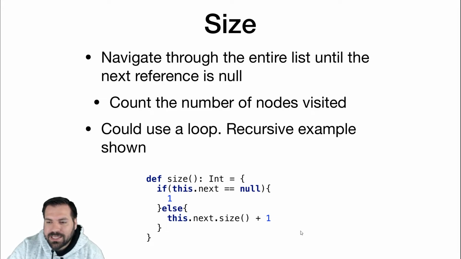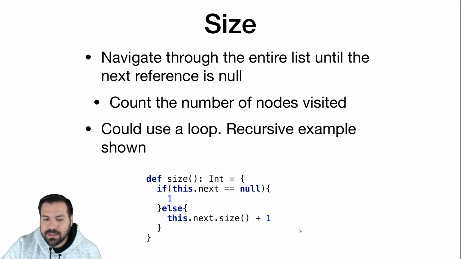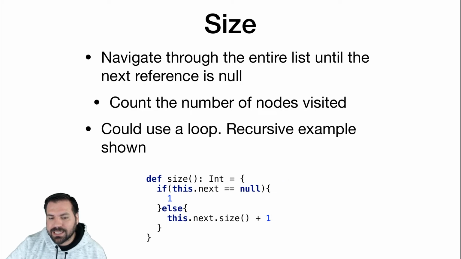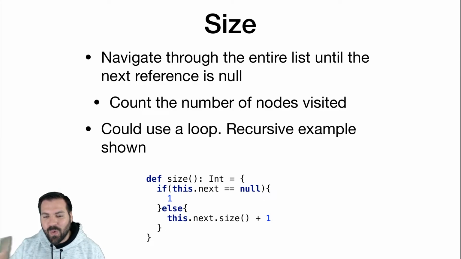So now if we call this on the head, the first element of a list, which we call the head of the list, it's going to ask the next element, hey, what's your size? It's going to ask the next element, what's your size? That element's going to ask the next element, what's your size? All the way down until we get to the last element of the linked list. The last element's going to be like, I know this one. It's 1.